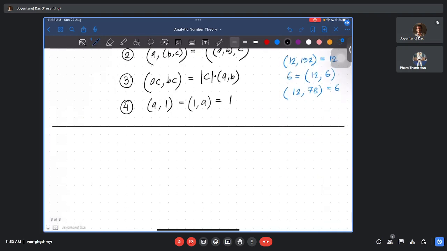So the next theorem is called Euclid's lemma.